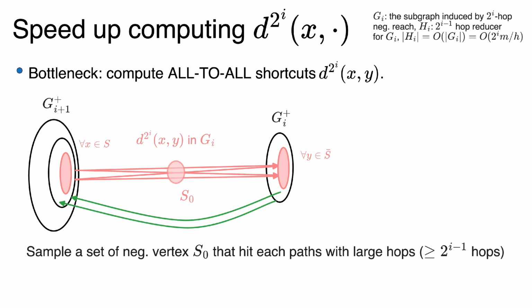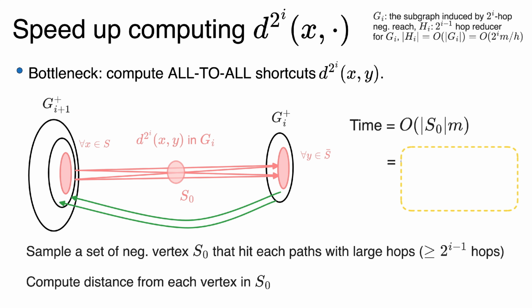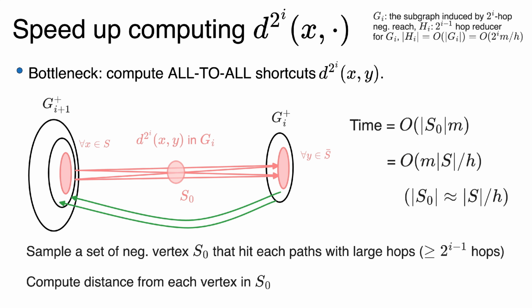If a path contains a lot of negative edges, then with high probability, one of them will be sampled. Then we only need to compute distance from S0. So now the runtime is the size of S0 times M. If we pick the size of S0 properly, then we get the desired running time.